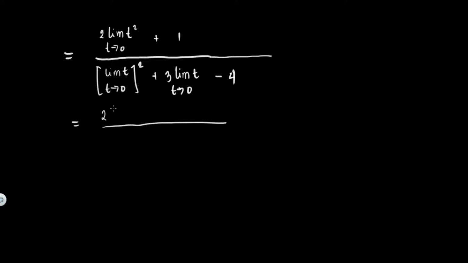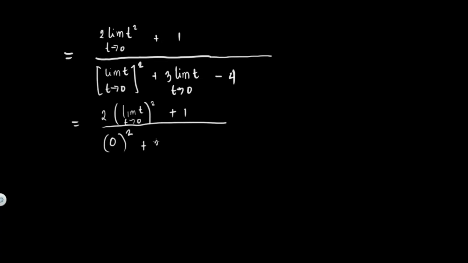2 times the limit of t as t approaches 0 raised to 2 plus 1. Then, this one, the limit of t as t approaches 0 is 0. Okay? Then, square.